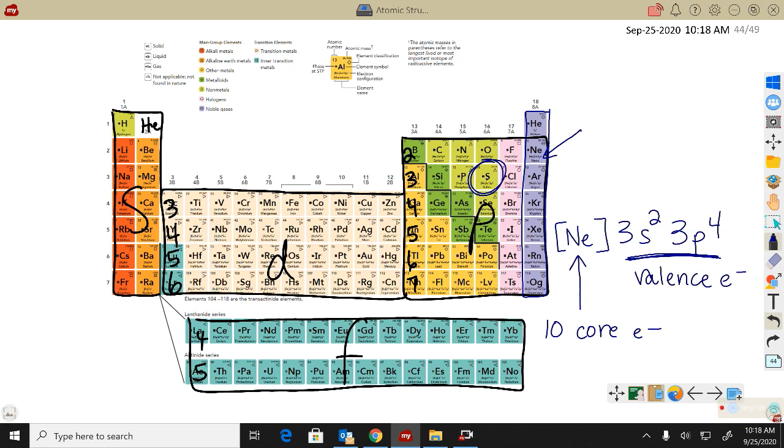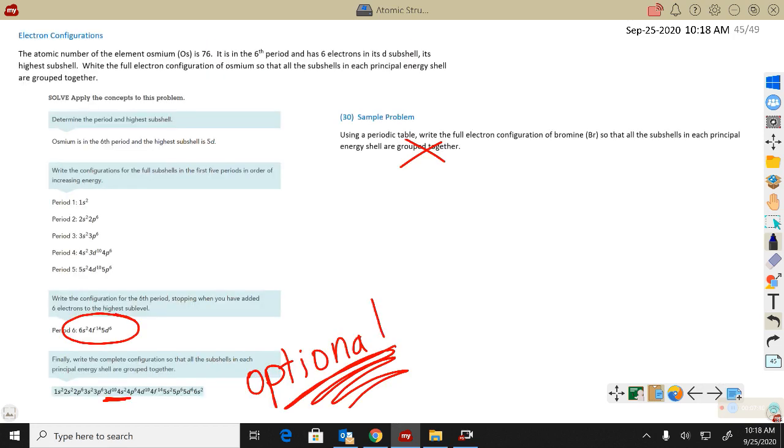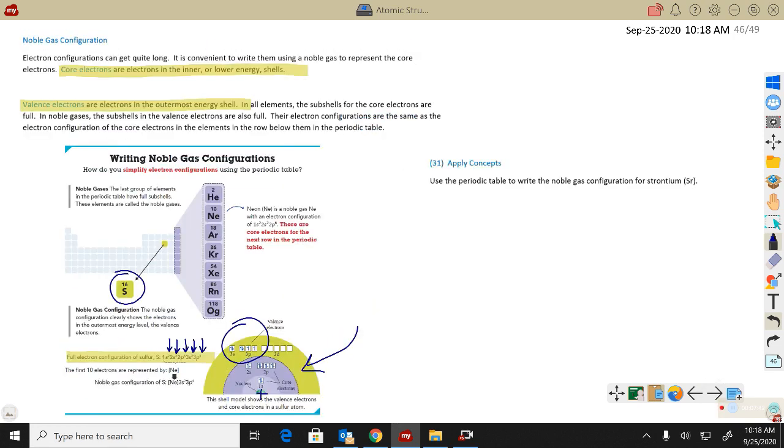Those are the ones that are going to be involved in any kind of a chemical reaction or a bond. And so that's what they're trying to show here, is that we can shorten up this first set of orbitals and just say neon. And then all you're showing are the electrons in the highest energy level.